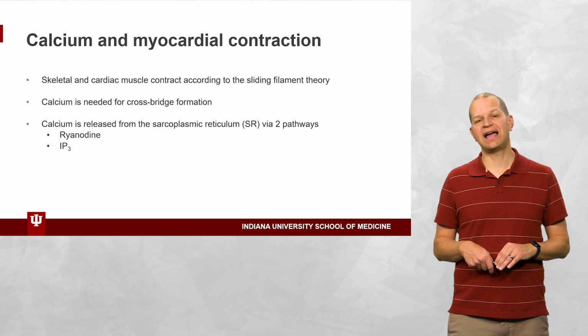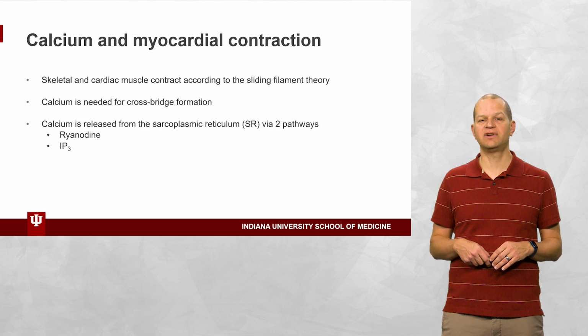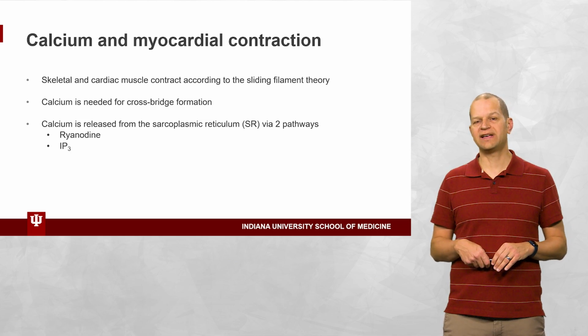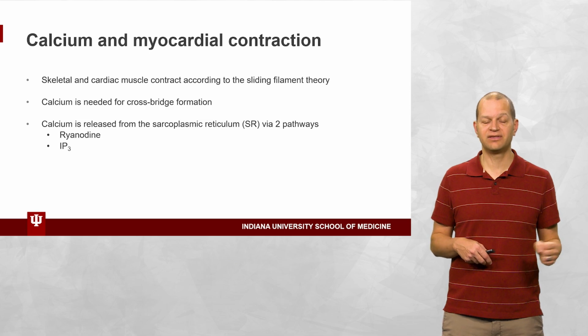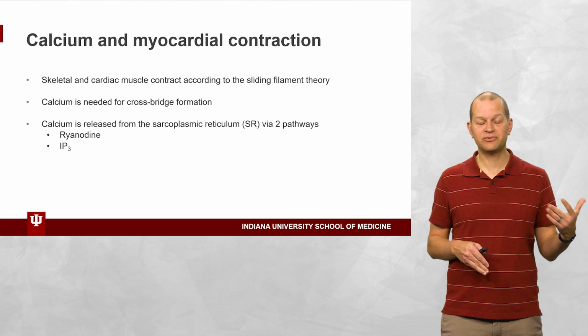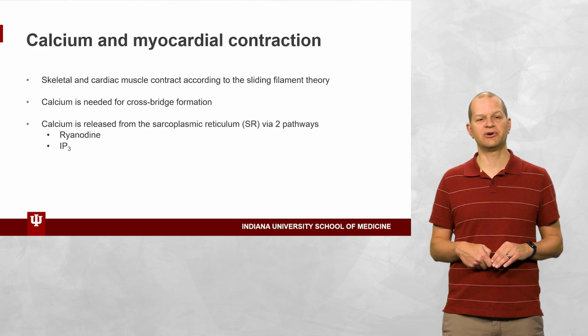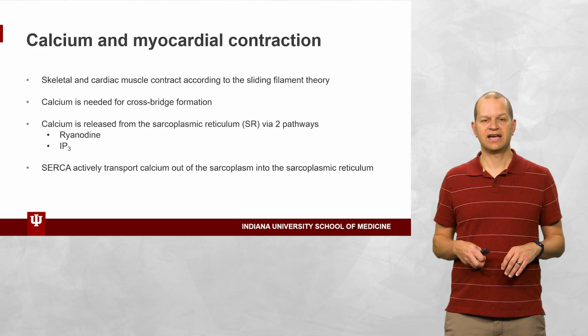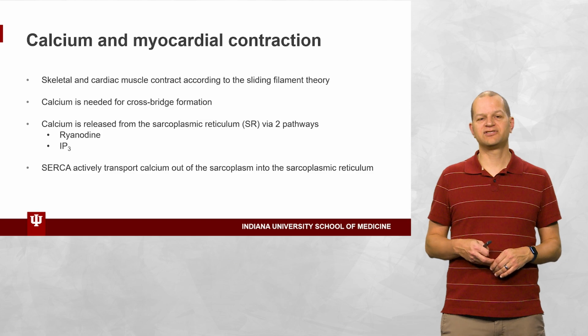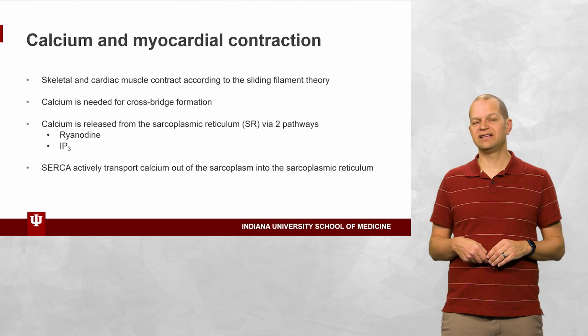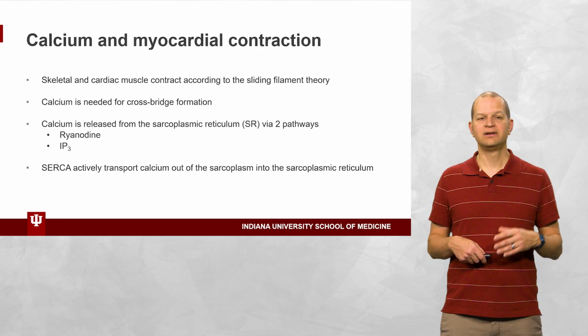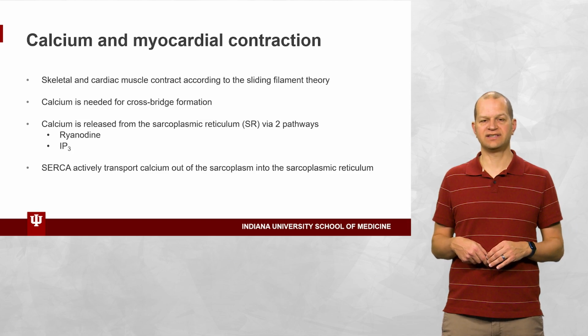Now, calcium in a cardiac muscle cell enters the sarcoplasmic reticulum via the ryanodine pathway that you're already familiar with, and the IP3 pathway, which you're also already familiar with if you remember back to our G protein discussion. Okay? But we have to remember that we have SERCA. Just like the skeletal muscle has a calcium ATPase pump, so does cardiac muscle cell.